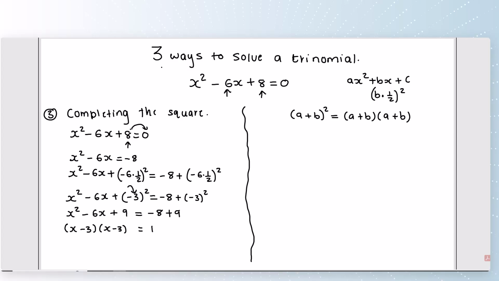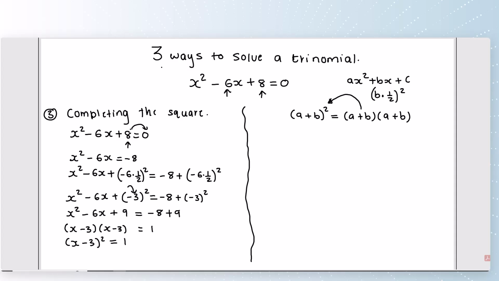Now we have the bracket written twice. We have to reverse it to that. Okay, so we're going to have x minus 3 squared equals to 1.